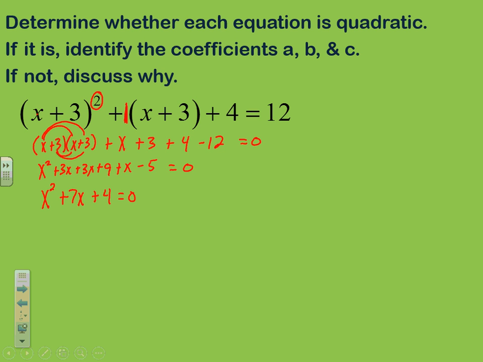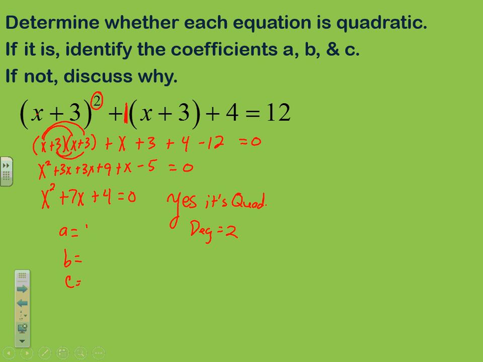So now it's in standard form, so we've already established, yes, it's quadratic, and the reason is that the degree of the equation is equal to 2. And so the a term, the b term, and the c term are simply whatever the coefficients are.